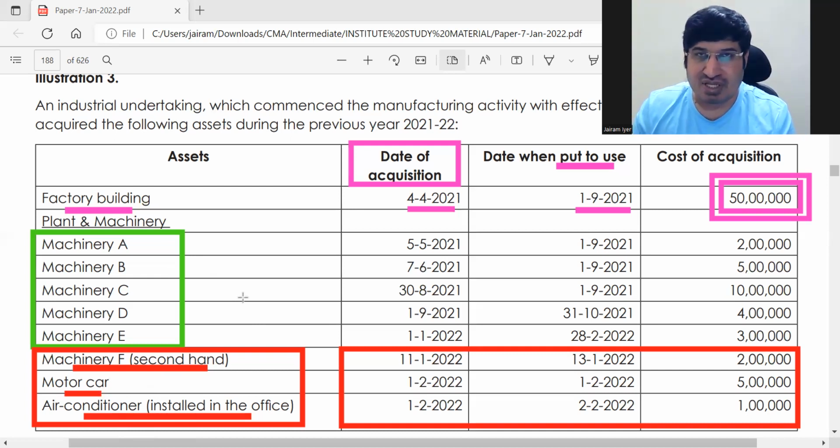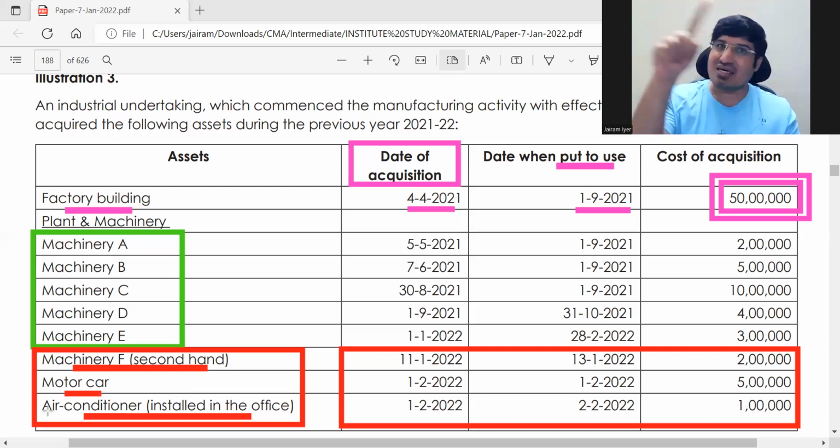But if there is anything specific for which a specific rate applies, that we cannot consider as 15%. For example, if they would have given pollution control equipment, we know that pollution control is 40%, or if they would have given a laptop, we know that it is 40%, then you would go for that rate. So that basic column rate chart, you should remember always.